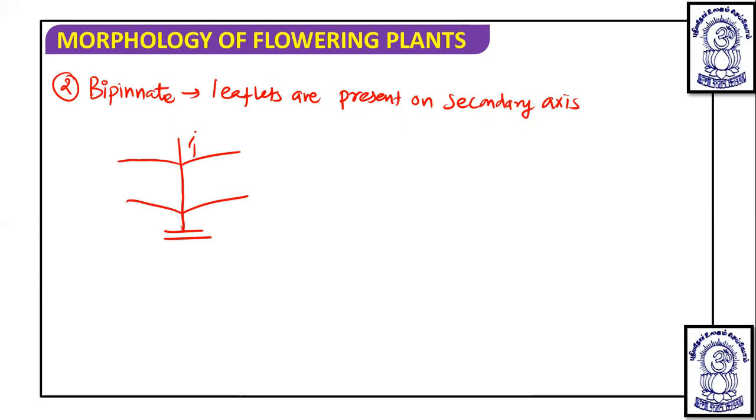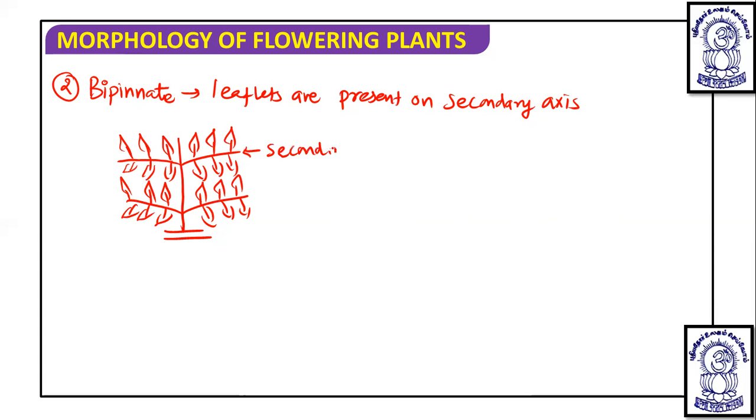If leaflets are arranged over this, then it is known as bipinnate. So this is the secondary axis.